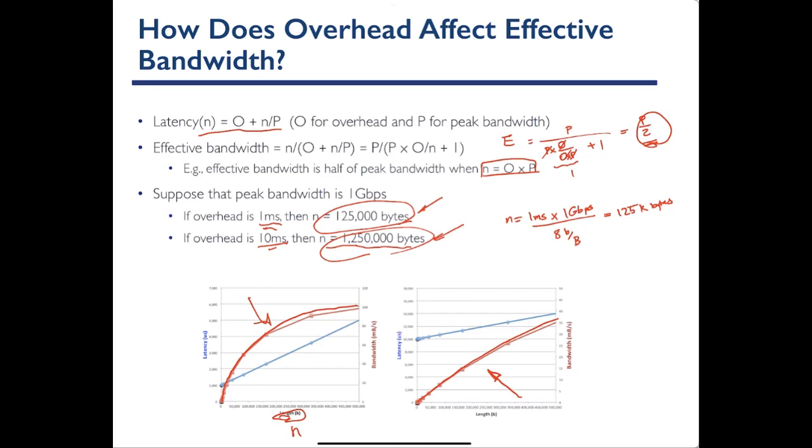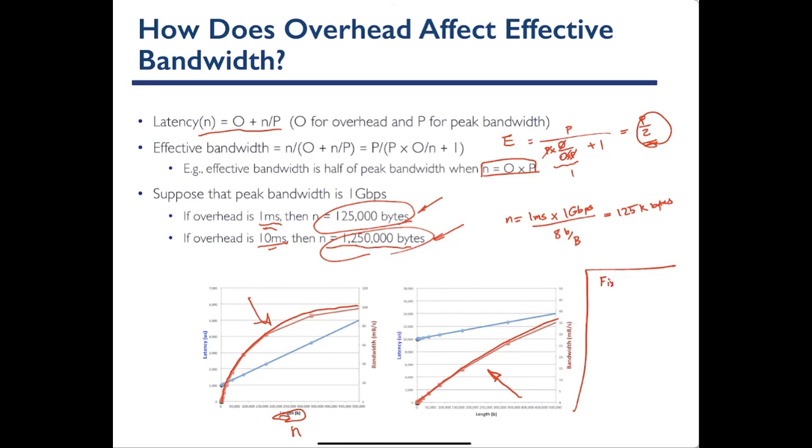So don't forget, we're usually not sending much data. So we want the effective bandwidth to be high, even if we're sending a little bit of data. So if the overhead is high, then for the same amount of data that you're sending, your effective bandwidth will be lower.